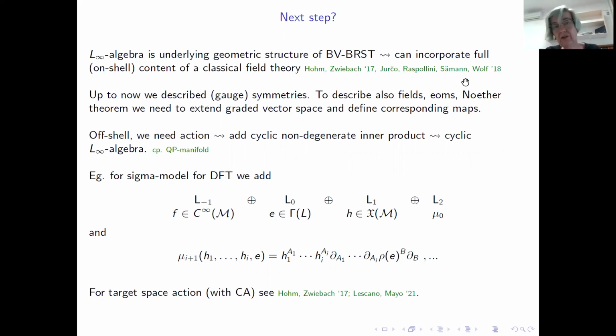And up to now, I just described the symmetry part of my wannabe field theory one day. In order to describe fields, equations of motion, Noether theorems, Noether identities coming from the second Noether theorem, I just need to extend my graded vector space to incorporate spaces which will contain fields, which will contain equations of motion, which will contain Noether identities, and so on, and define the corresponding maps.